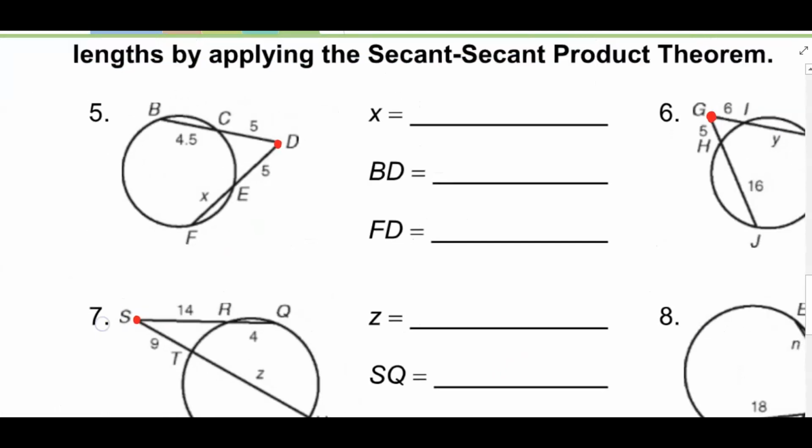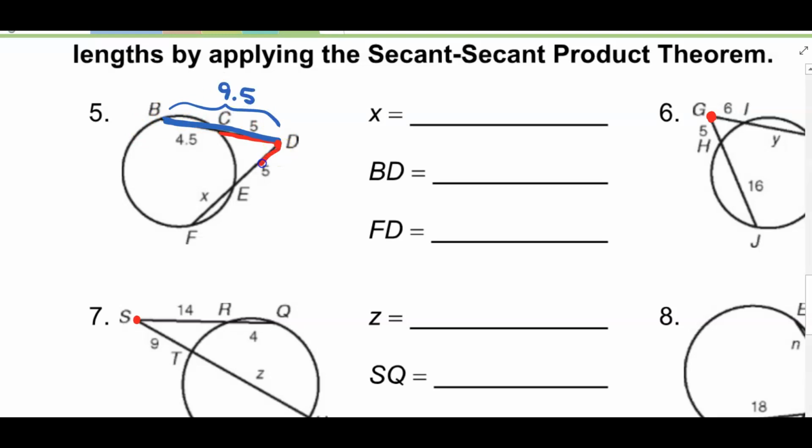So let's identify what we're looking at here. In number 5, if I look at this secant here, I have the outside of 5, and I have the whole as 5 plus 4.5. So the whole is 9.5.